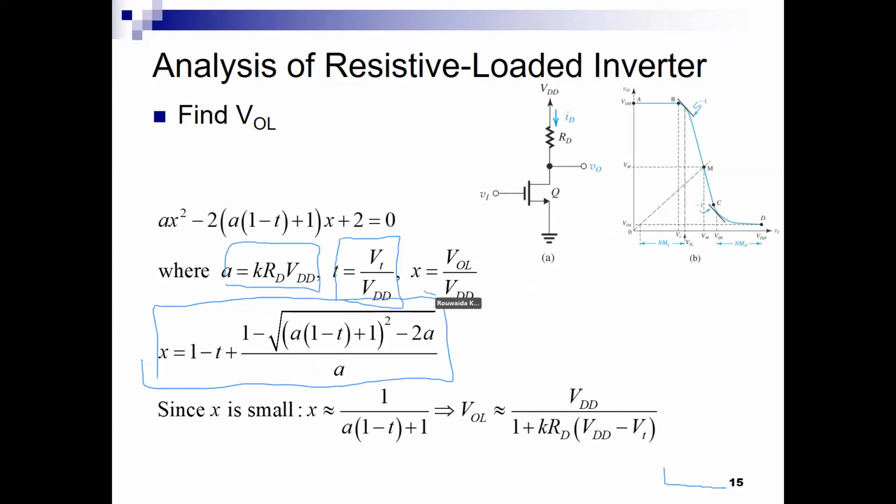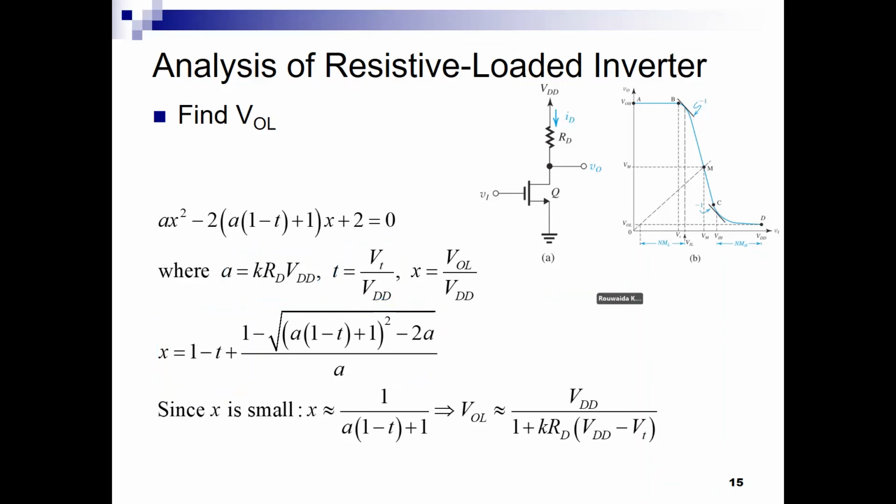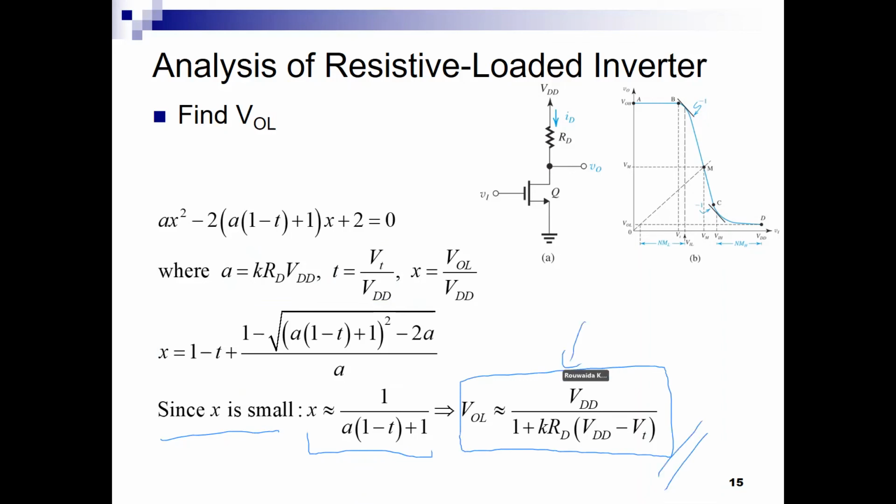Okay, and then he said I can derive VOL basically as VDD times X. But then he said that since X is small, we can consider it equal to this quantity, or we can consider VOL equal to VDD over this term, which we derived when we dropped the VOL squared term from the equation.